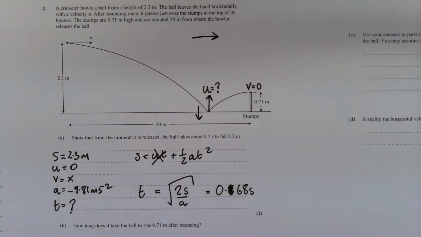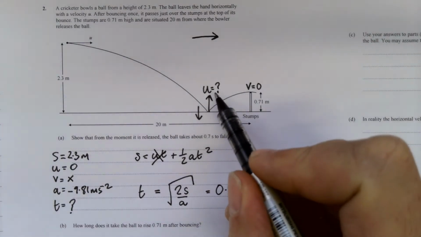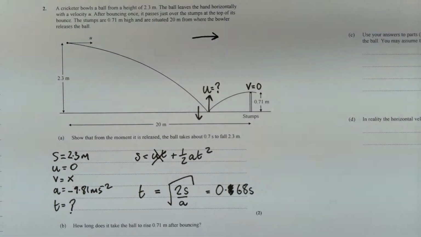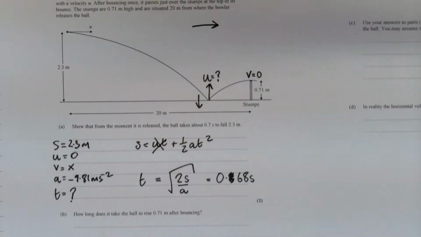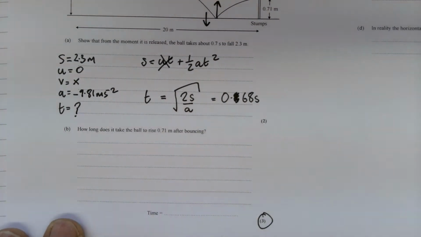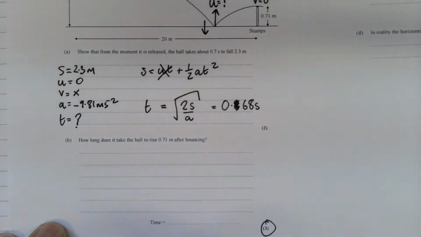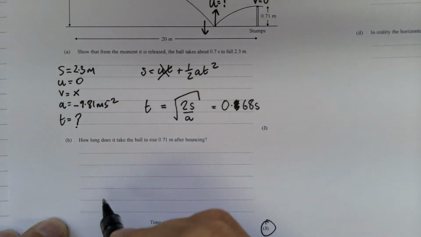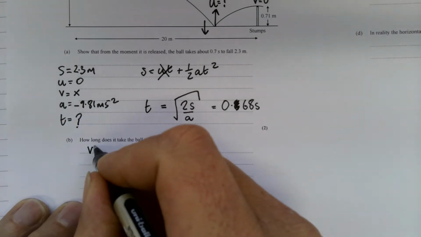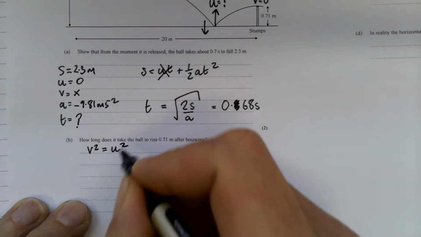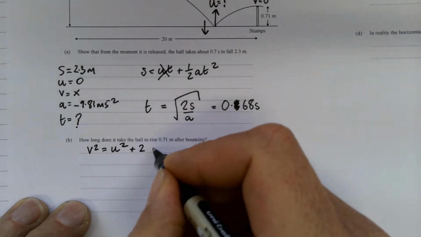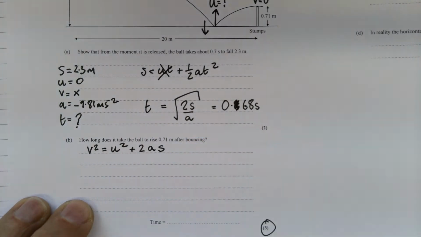The best way of approaching it, or the way that I approached it, was to try and find out what this initial speed was. Once we've got that initial speed, we can use another equation to find out how long that took. So we'll do that down here. We want to find out how long it takes to get to the top. I'm going to use V squared equals U squared plus 2AS.